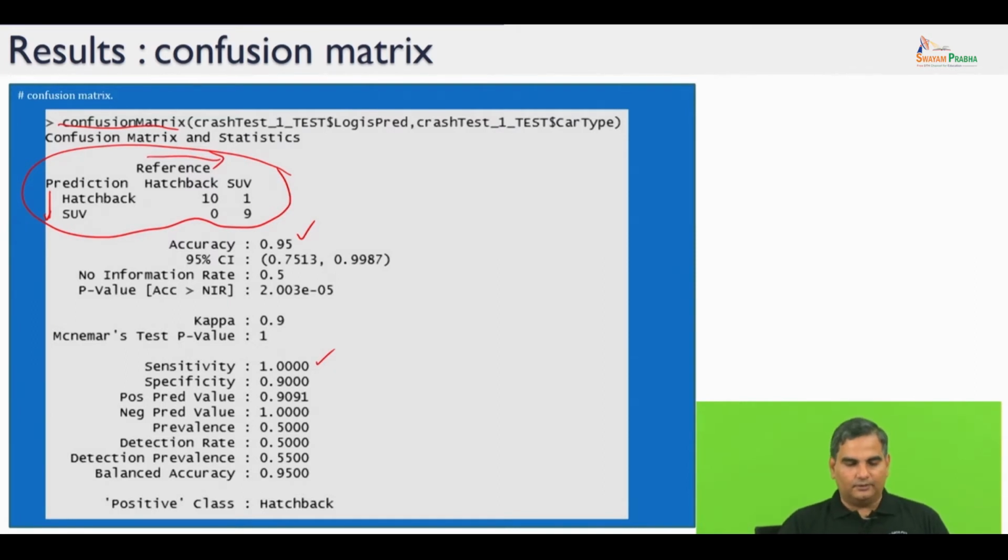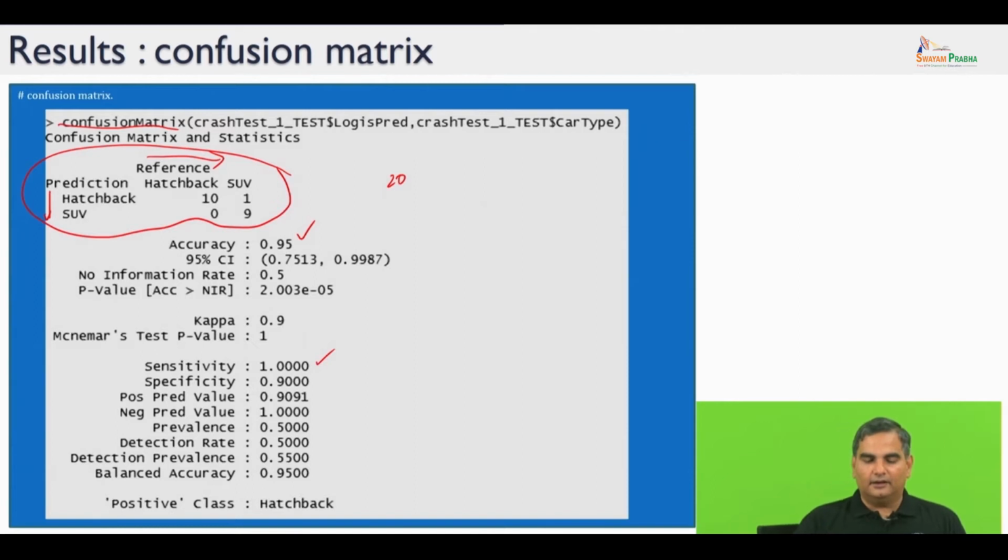This is a result of one classification algorithm, and let us see how we interpret it. The total number of data points used in this classification algorithm can be easily found by summing all the 4 elements here. The number of data points used in this algorithm is 20.